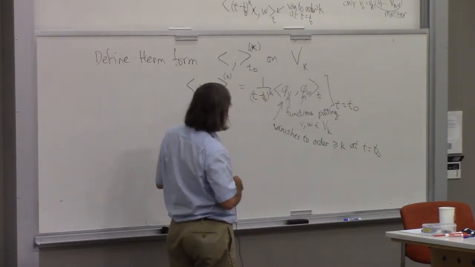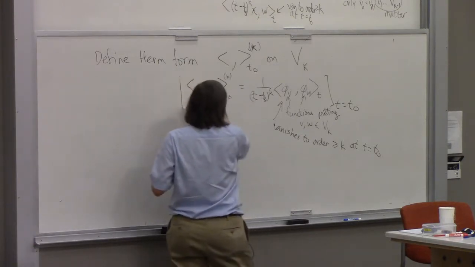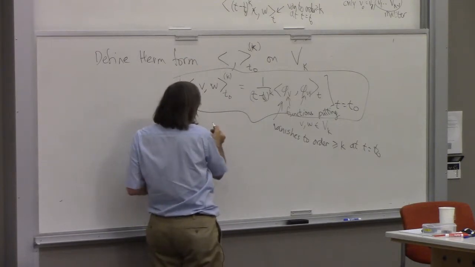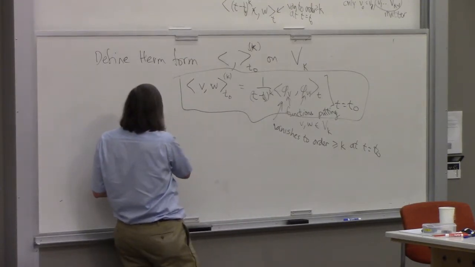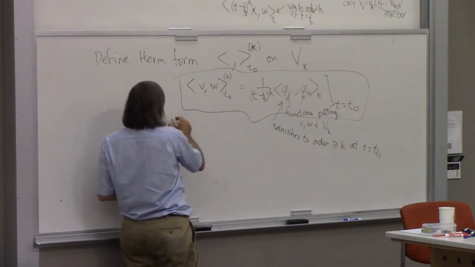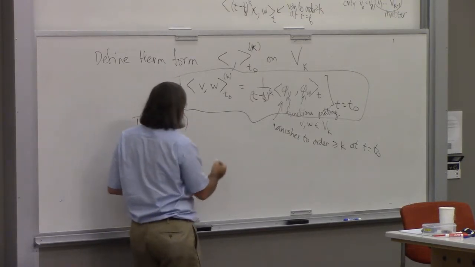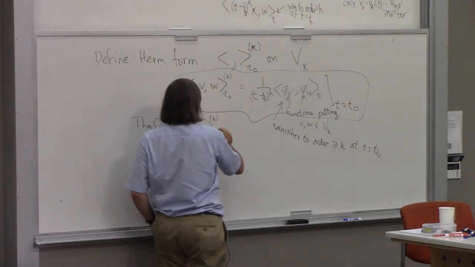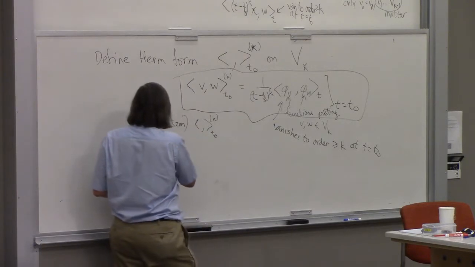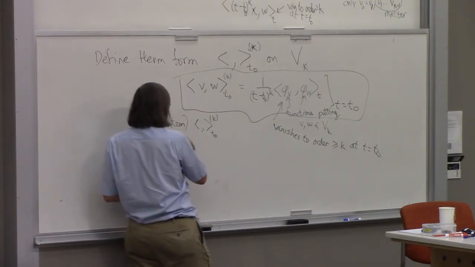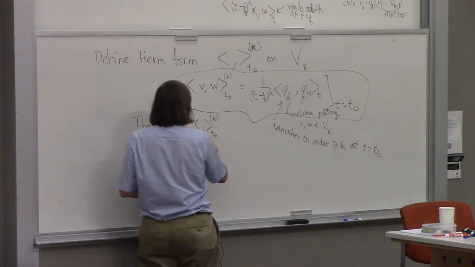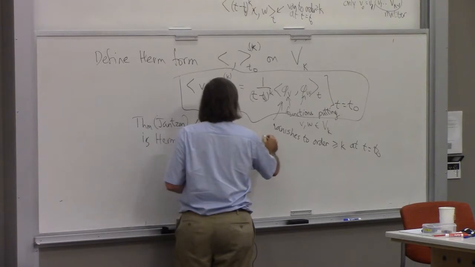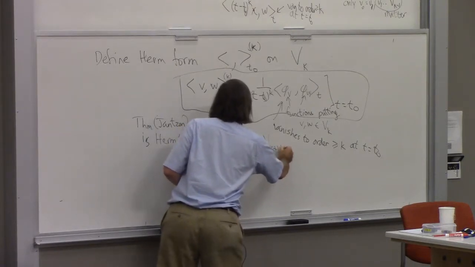So this makes sense, and Jantzen's observation is that this form is Hermitian on Vk, and it has radical exactly equal to Vk plus 1.